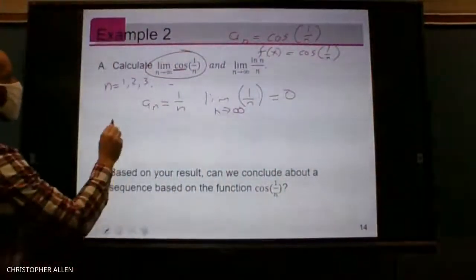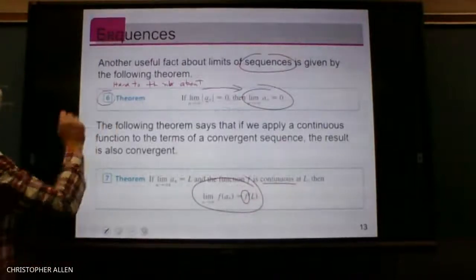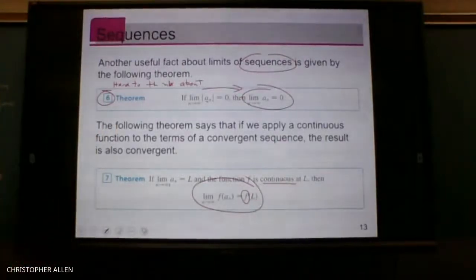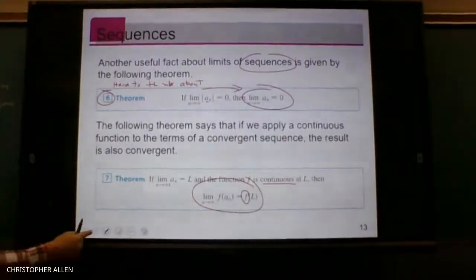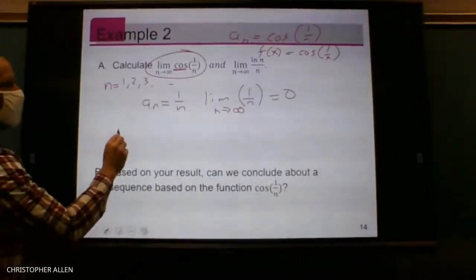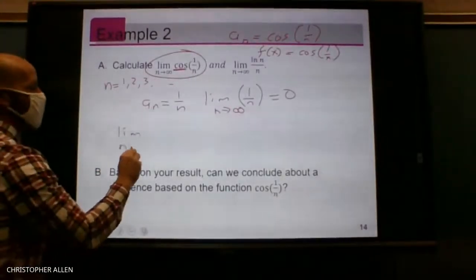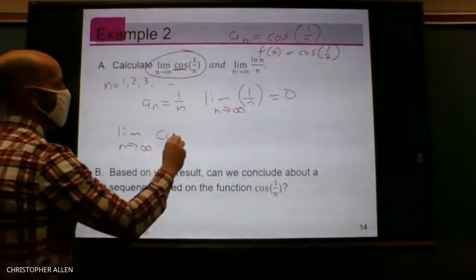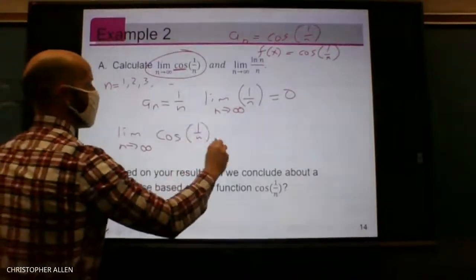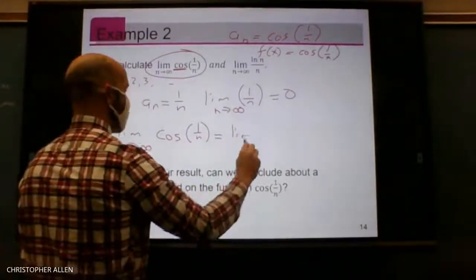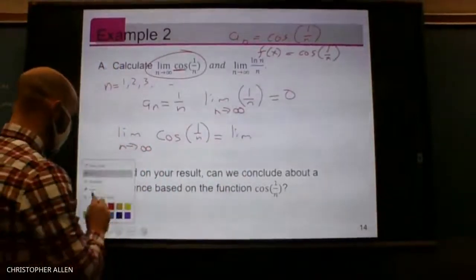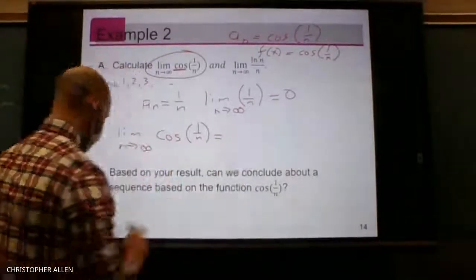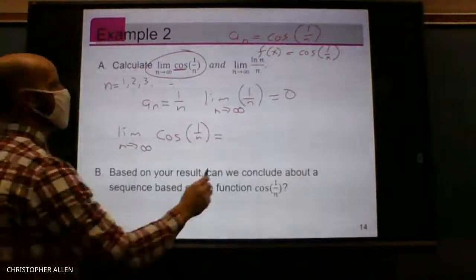So what I'm telling you is by theorem 6 here, and by the way, please don't ever refer to this as theorem 6. But by theorem 6, we can conclude that the limit as n goes to infinity of cosine of 1 over n is equal to the limit. Oops, I just screwed up. Let me try that again. Got to put it on the inside, right? I just mentioned that, and then I did it wrong.